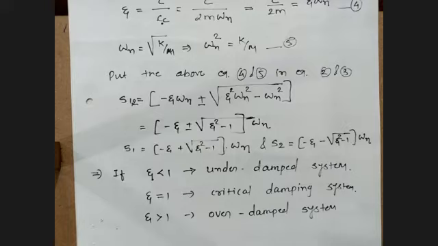These three cases are very, very important in this chapter. It's most important. Many students are asking me to give some important questions. These three are the most important, right? So kindly remember these formulations and these three cases, for the exam point of view as well as for learning point of view.